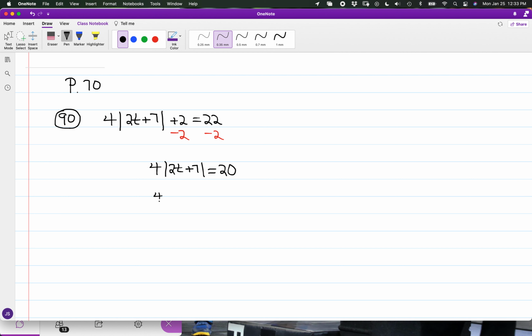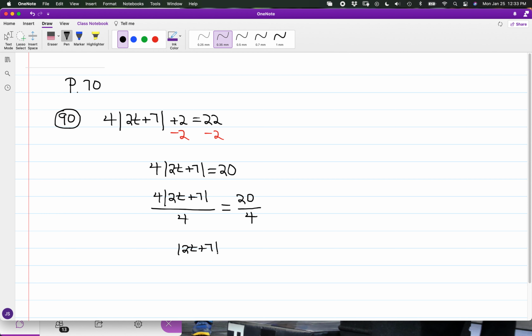Now taking care of the coefficient 4, which will be done by division, the left-hand side becomes the absolute value of 2t plus 7, and 20 divided by 4 is 5.